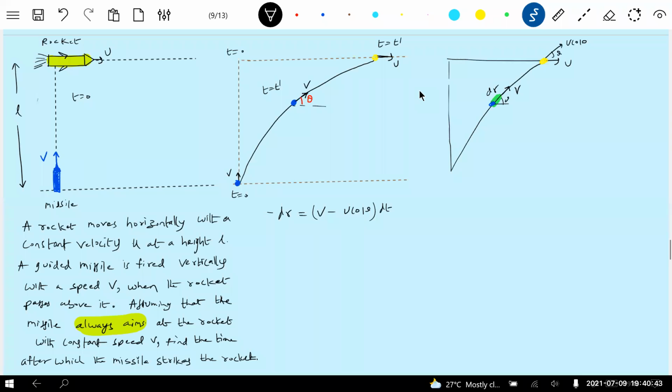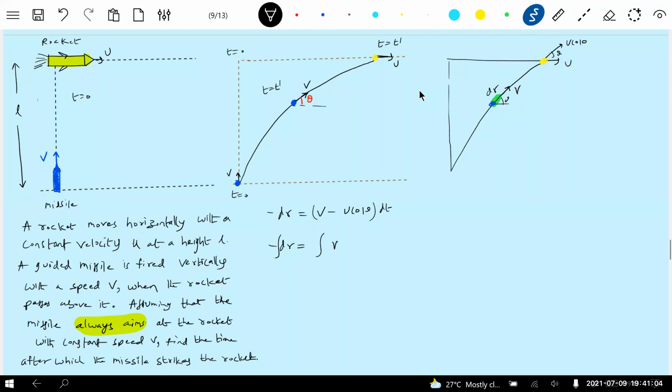The dr bar by dt will decrease with time. Earlier it was L, finally it becomes 0. The components of velocities along the path: the velocity of the missile is along the path, and that of the rocket along the path will be u cos theta at a given instant of time. This will integrate minus dr bar.